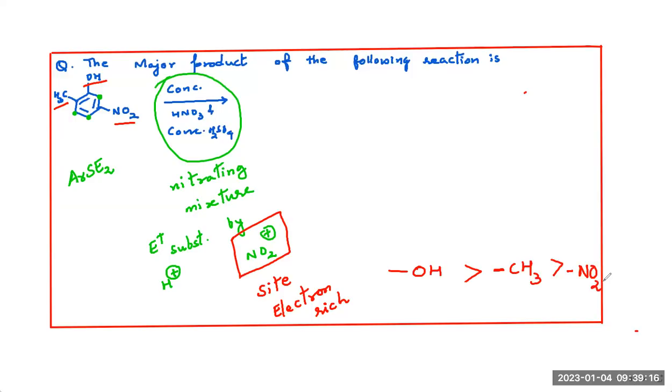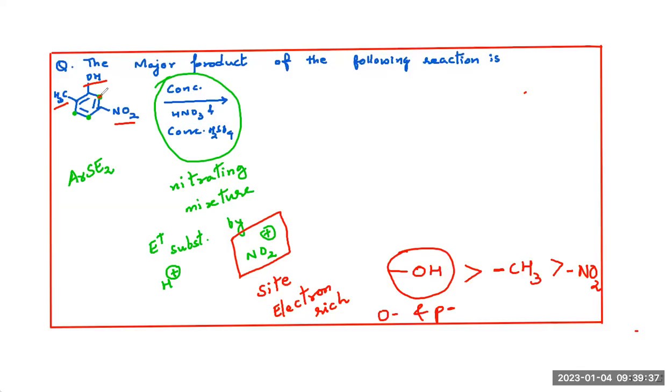And hence, we have to analyze the reaction from the point of view of OH. OH being a very good positive induction group and a very good ERG, electron releasing group or electron donating group, it is ortho and para directing and good activating group.